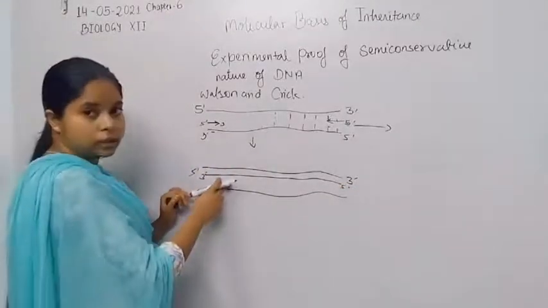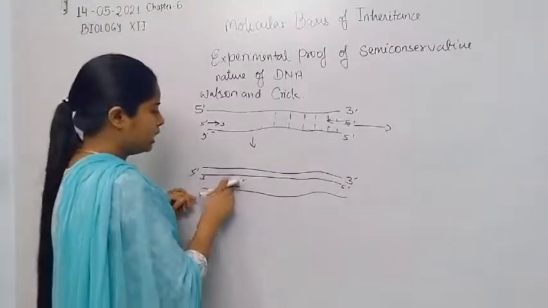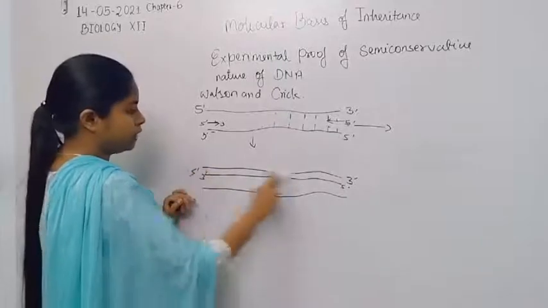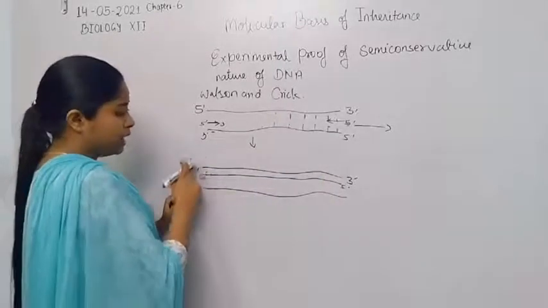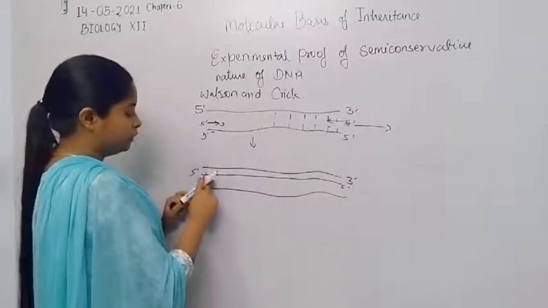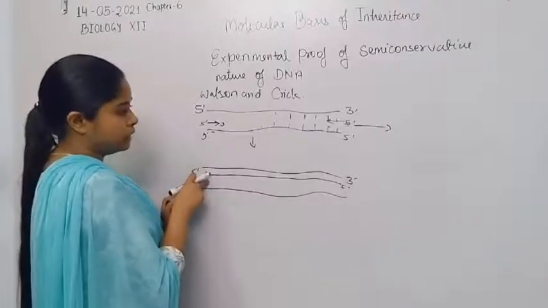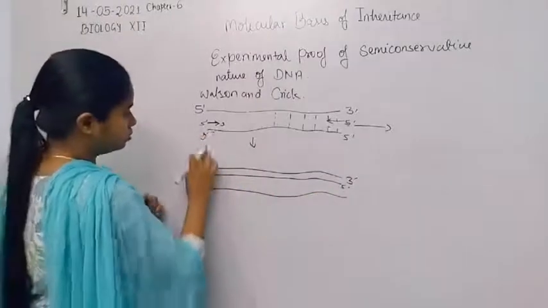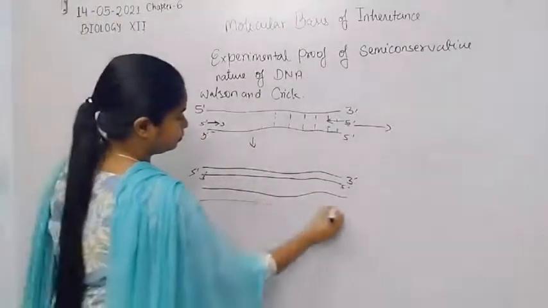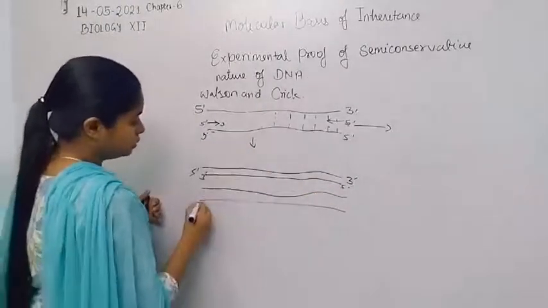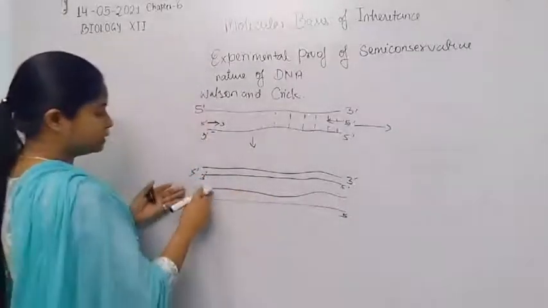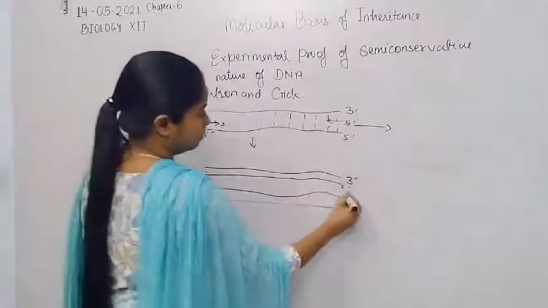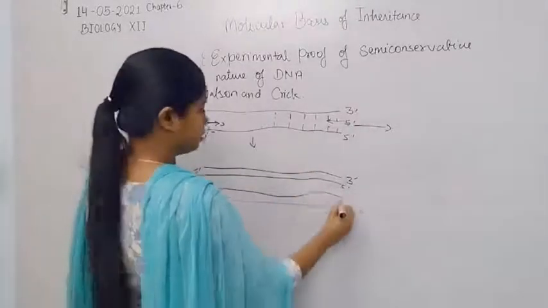It is fully synthesized DNA, and the daughter DNA has one parental strand, which has the direction of 5 prime to 3 prime, and also one newly synthesized strand. For example, here is the parental DNA 3 prime, and here is 5 prime, and the synthesis takes place in the 5 prime to 3 prime direction, and the DNA is fully synthesized. So here is 3 prime.